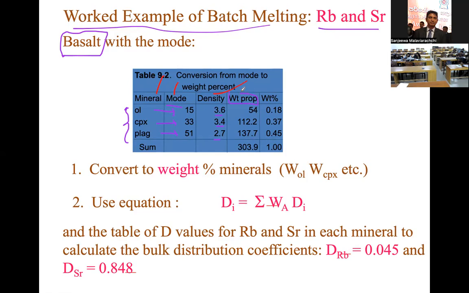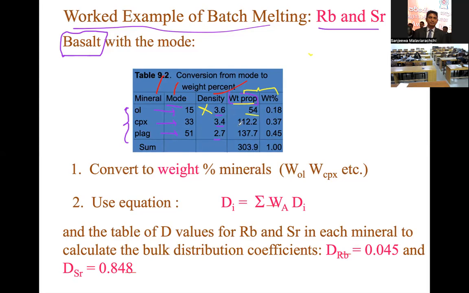These two are calculated using this data, so these two we have to calculate. First we'll calculate the weight proportion. For that, you can just do the multiplication, because density is mass divided by volume, and mode is also a volume percentage.